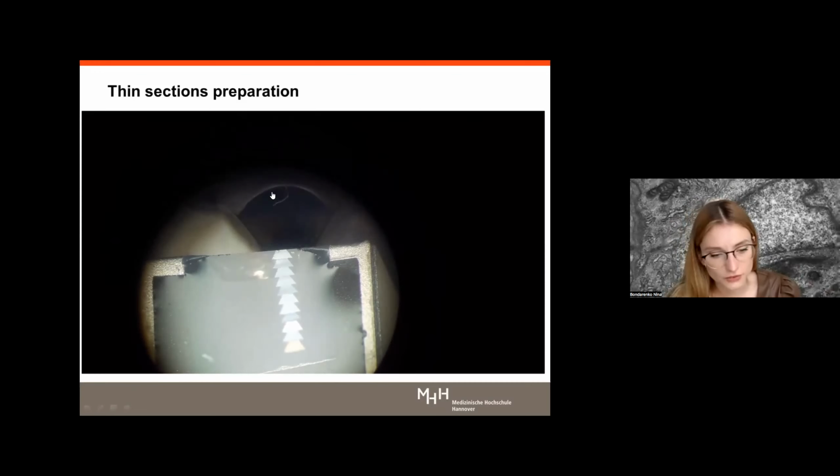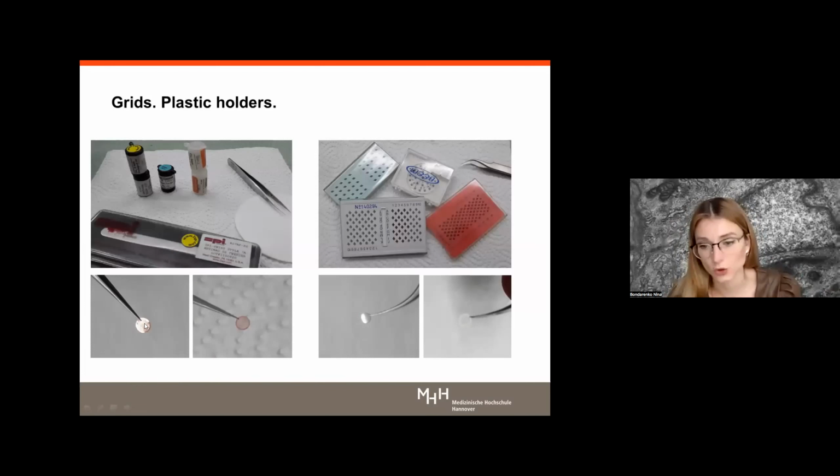After that, we can cut it and receive this perfect ribbon of sections that will afterwards be placed on the supporting grid or supporting mesh. This grid can be from different metals. It can be copper or nickel or silver grids or even gold grids, so it depends on your aim.